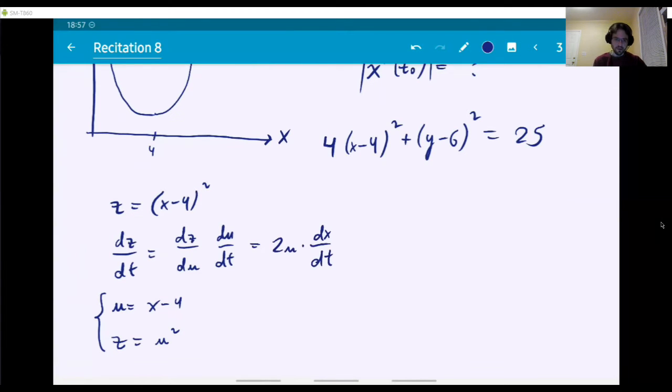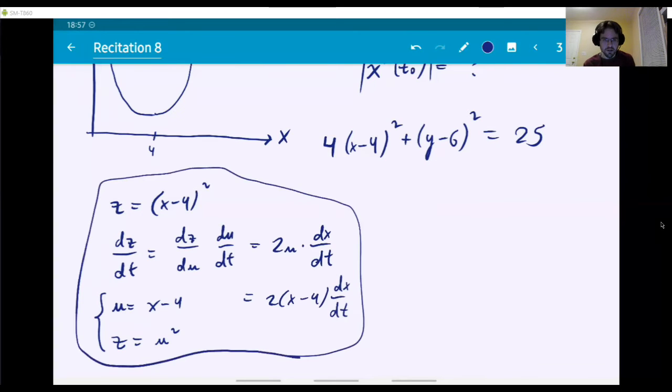Basically du/dt is the same thing as dx/dt because the difference is just this minus 4 here, which is irrelevant for the derivative. And finally, replacing u with what it means, 2(x - 4) dx/dt. This is the derivative of (x - 4)², just keeping in mind that x is a function of t.